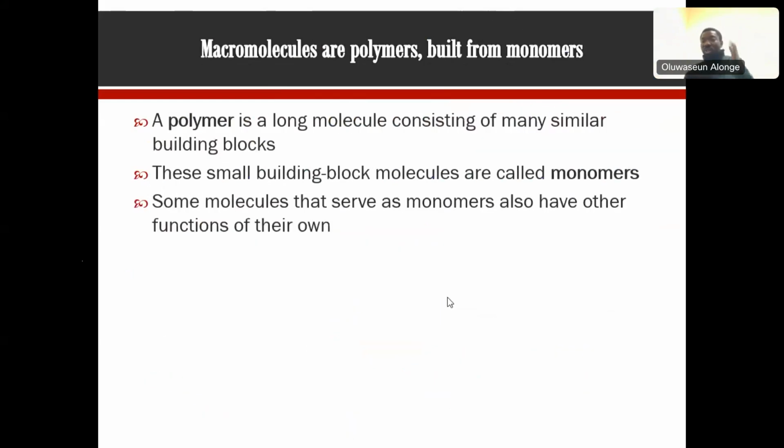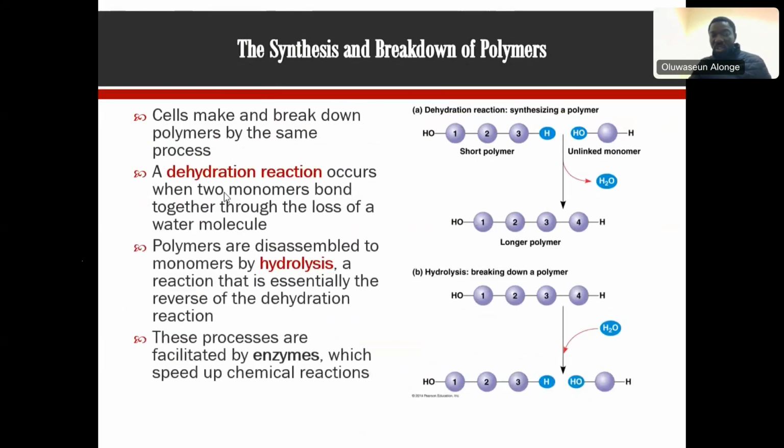Now, what do we call a polymer? A polymer simply means more than one monomer. There is something we call the monomer, which means one unit. Then when you build with monomers, you're going to get a polymer. So a monomer is single. When monomers are added together, they become a polymer, which is a large structure. And I'll be talking about that. So how do you join monomers together?